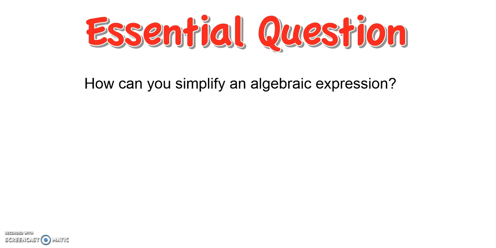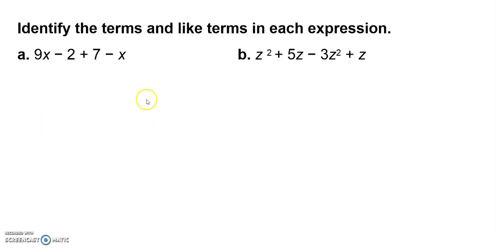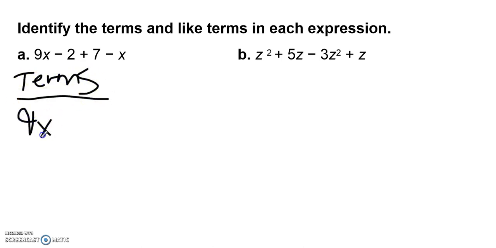Okay, essential question: how can you simplify an algebraic expression? Identify the terms and like terms in each expression. So the terms are just all of the numbers in here. I'm going to grab a pen. So, terms: we have 9x, comma, -2, comma, 7, comma, and -x as our terms, okay?